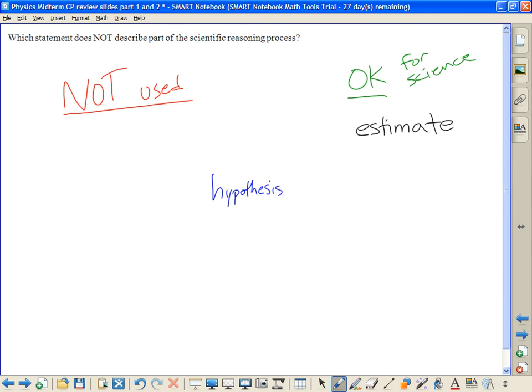A hypothesis. You've heard lots of definitions of hypothesis. I like Buddy the T-Rex's definition. It's an idea about the physical world you can test. So I guess one thing is a scientist isn't going to call it a hypothesis unless it's something she can test.